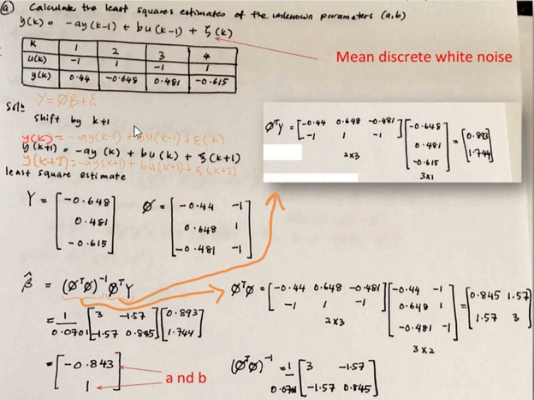For this one there is no negative, so we take the value straight away and put it here.